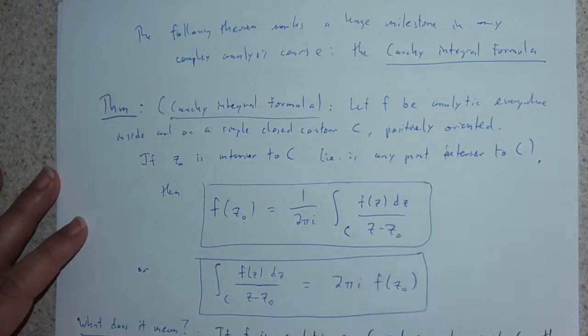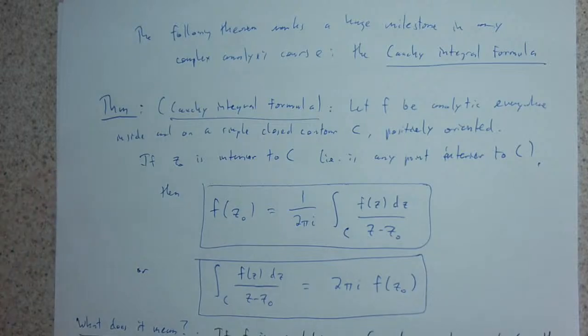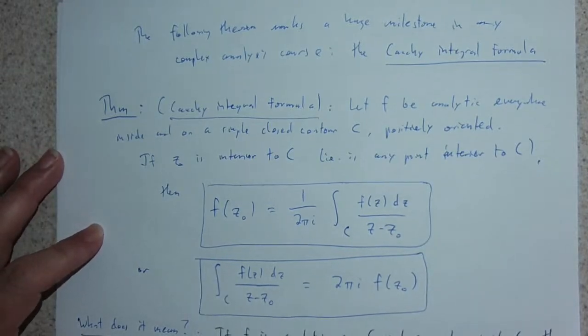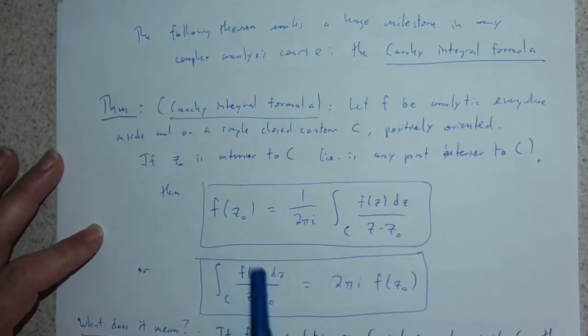What is nice about this? Another way of viewing this, of course, is that it provides a pretty clever way of computing some of these contour integrals. Rewriting this formula slightly, just moving the constant over, allows me to plug a complex number into my function, which on the right hand side I can compute pretty easily.